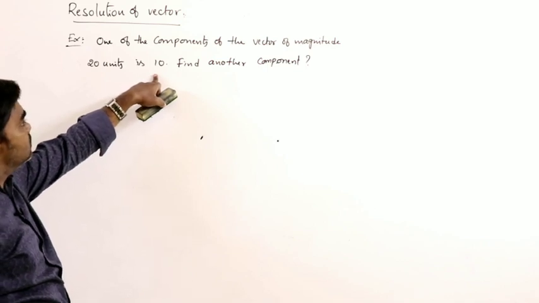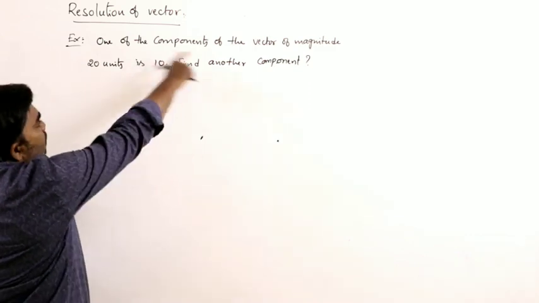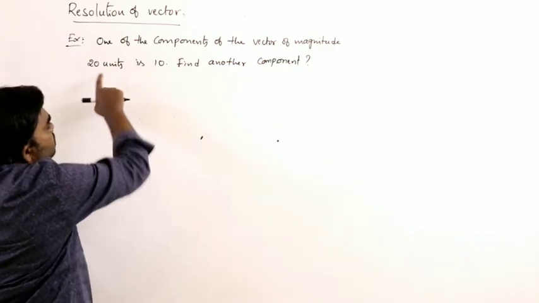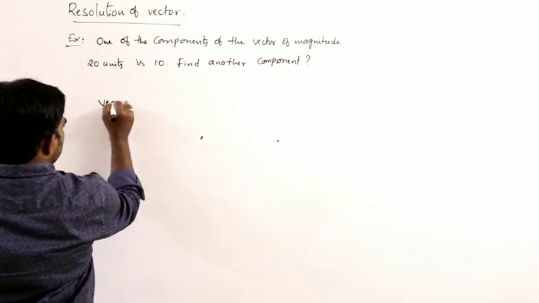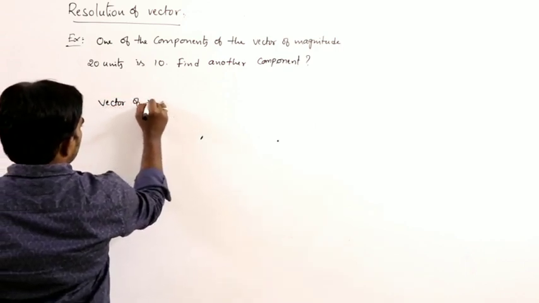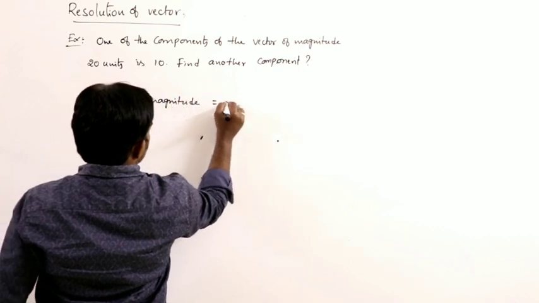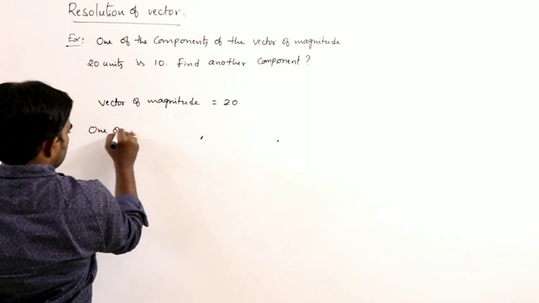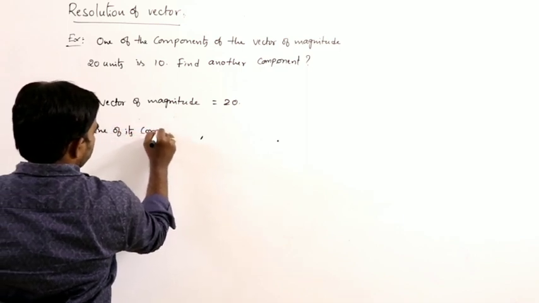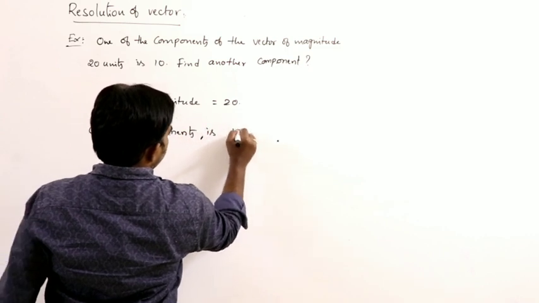So that means 20 units is the original vector, the magnitude is equal to 20, and one of its components is 10.